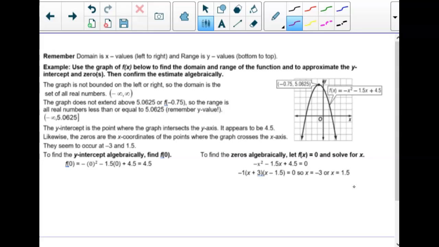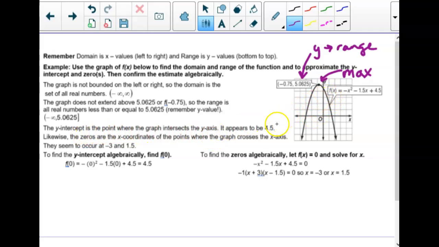Again, that comes from the y value of the, what would they have used on the calculator to find that spot? Yep, the max. Okay, and the range uses the y. All right, the y-intercept is the point where it intersects the y-axis.